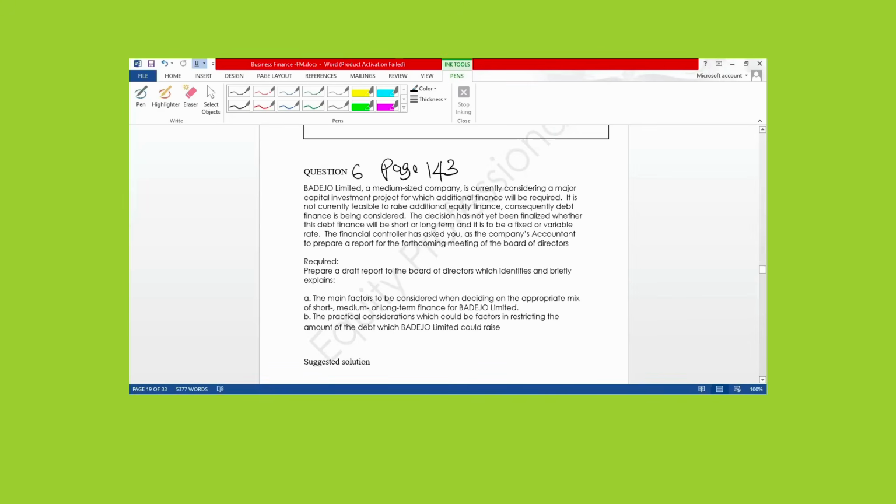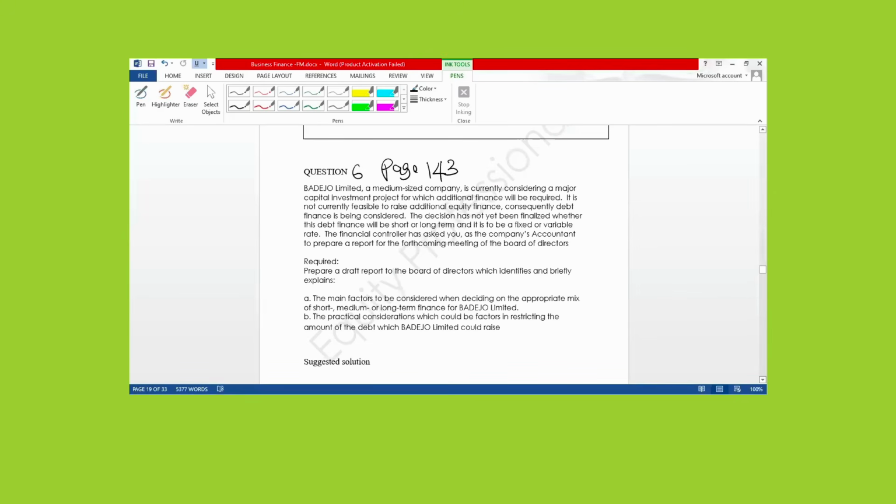We are not sure whether to use short-term debt finance or long-term debt finance, whether the interest rate should be fixed interest rate or variable interest rate. So the financial controller has asked you, as the company's accountant, to prepare a report for the forthcoming meeting of the board of directors.